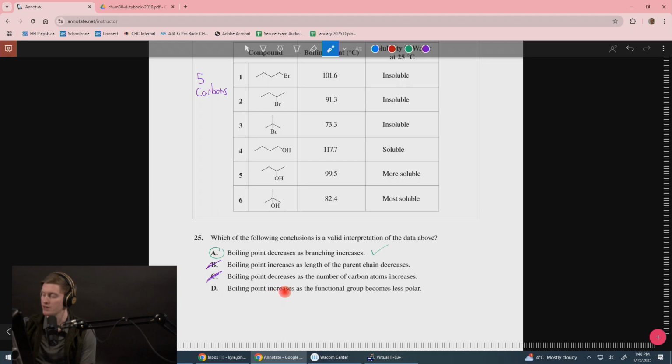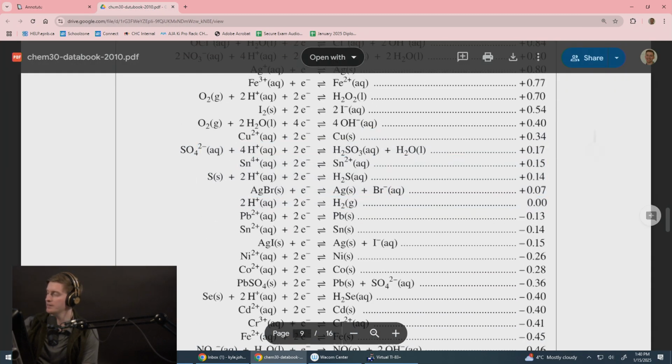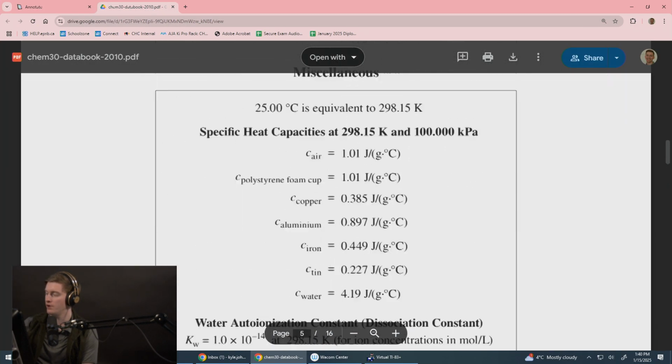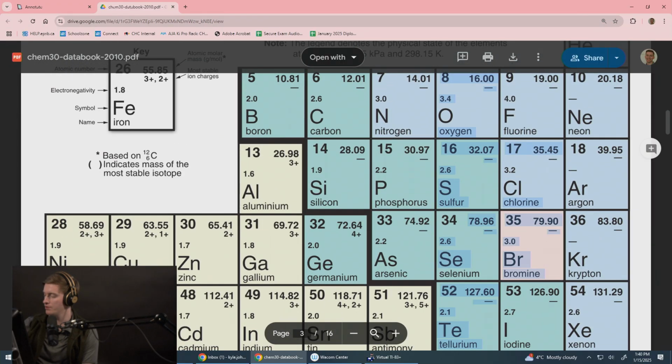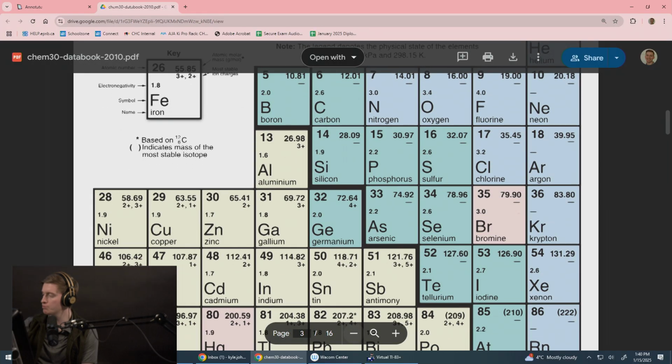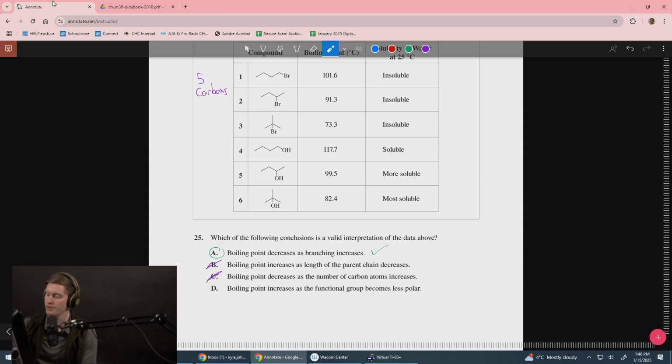D, boiling point increases as the functional group becomes less polar. Now, if you look at your periodic table and you compare the electronegativities of oxygen and bromine, this is our Chem 30 periodic table. Bromine has an electronegativity of 3, and oxygen has an electronegativity of 3.4. So the hydroxyl group will be more polar than the bromine.